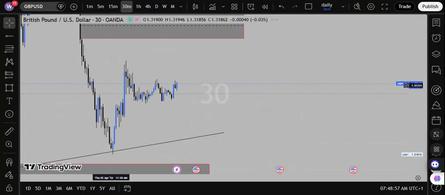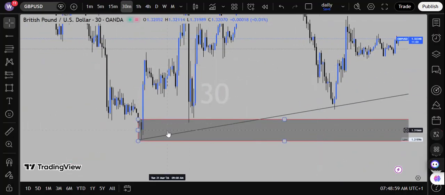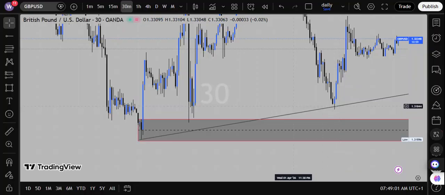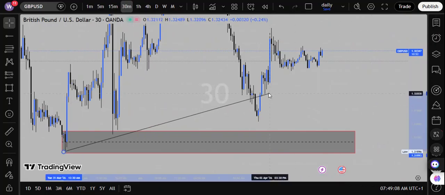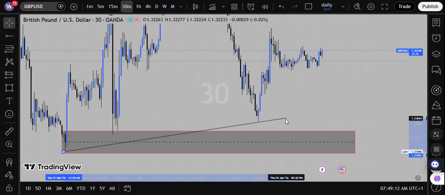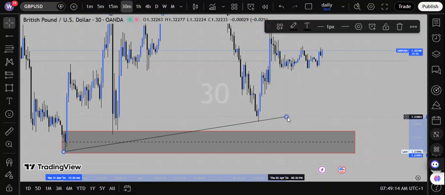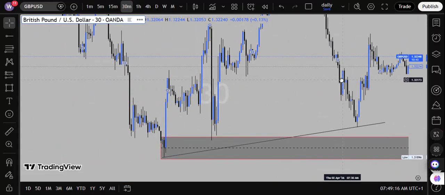This trend line, remember, we got it from the 30-minute time frame. You can see price rejected all the way. See, if you had wanted to use this, it's invalidated. Look at this price action right here.